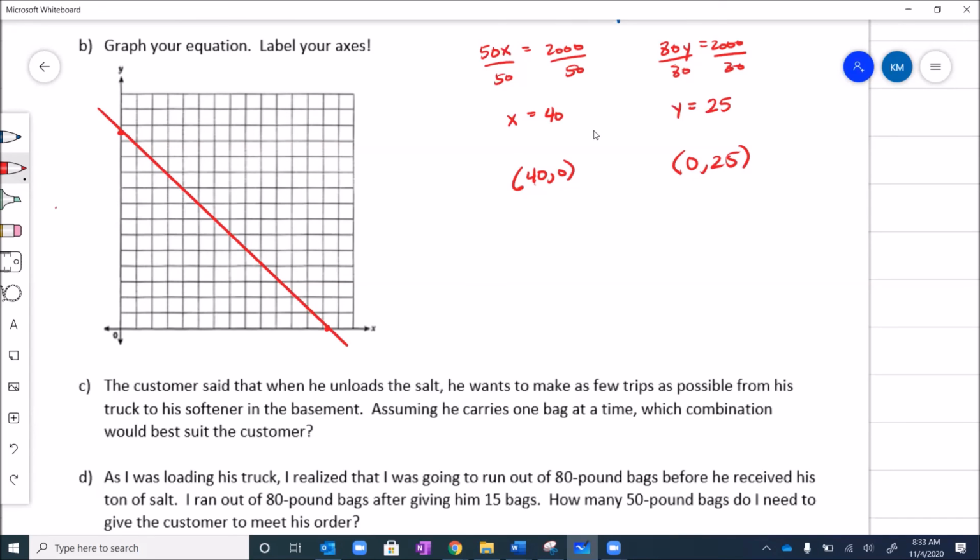Okay, these are 80-pound bags. And these are the number of 50-pound bags. Okay, and because the 80-pound bags are only 25 bags, right? So that's what we would say he should probably do. 25 80-pound bags.